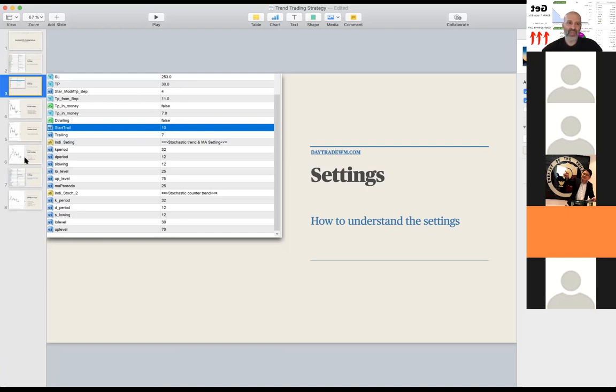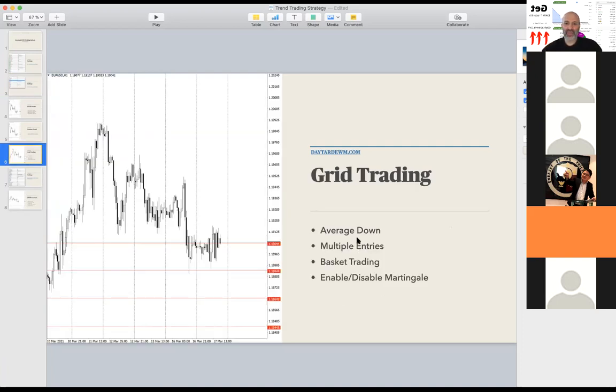It's up to you. Now, the benefits of grid trading: you don't have to be very accurate on your entries, because as you know, the market is very, very difficult to guess or speculate so that your entry price is accurate to every pip.